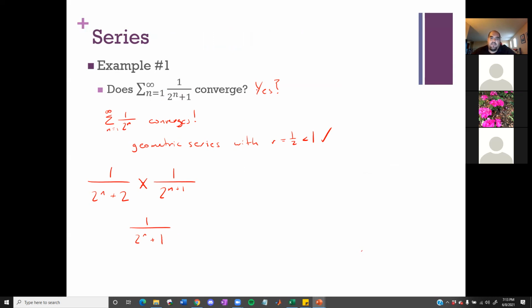I was thinking, or somebody was thinking, that this thing converges. So how do I want this to be related to the 1 over 2 to the n?